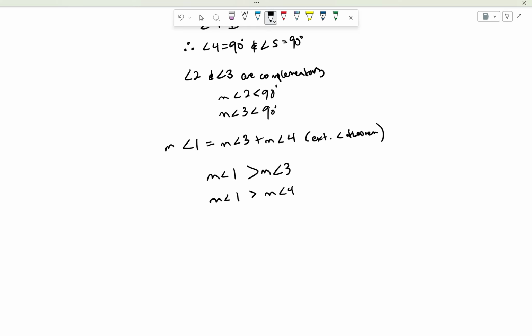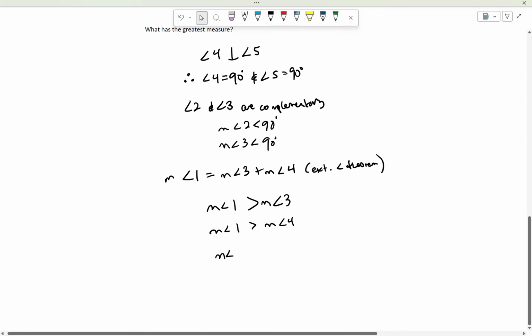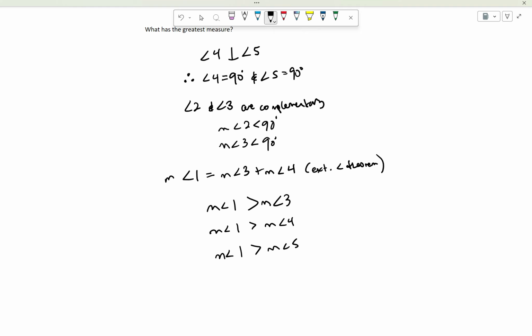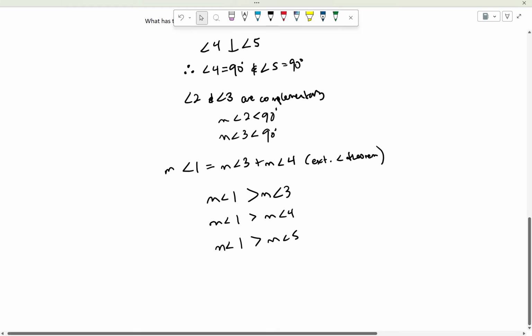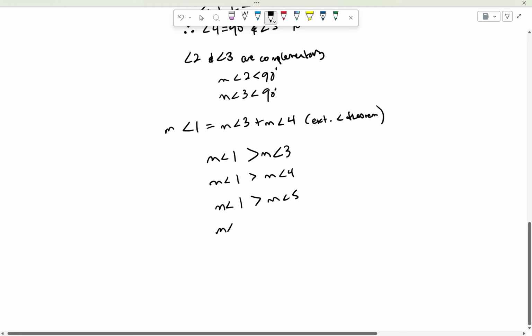So 1 is greater than 3, 1 is greater than 4. And then, because we know 4 and 5 are both 90, they're congruent. So angle 1 also would have to be greater than 5, because it's already greater than 4, and 4 and 5 are the same. And then we only have one more of these angles to discuss. We have 1 greater than 3, greater than 4, greater than 5. And then what else is it going to be greater than? Well, it's going to be greater than angle 2.